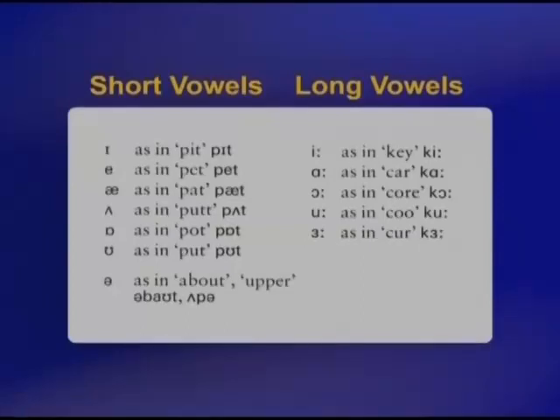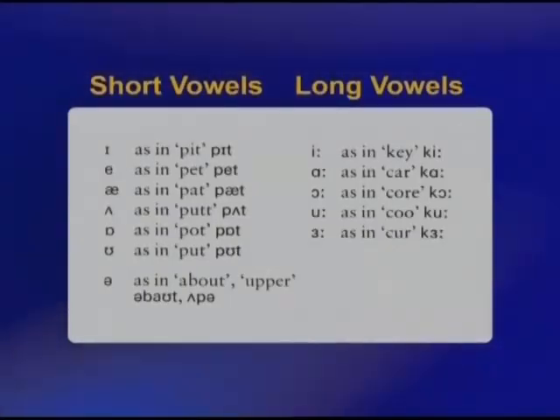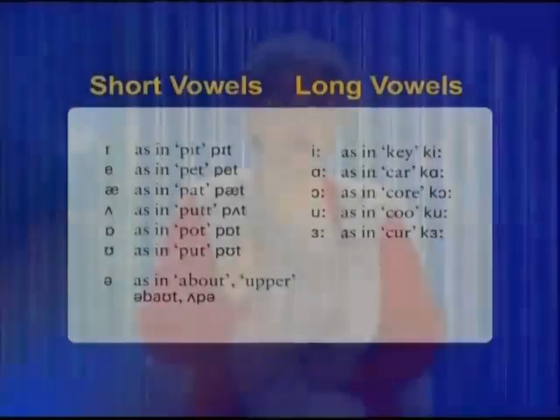The symbol is like E, but upside down. This is known as the schwa, and it is the most common sound in the English language. This sound occurs in words like upper, about, right? Let me repeat again.